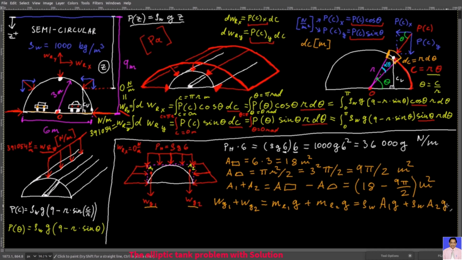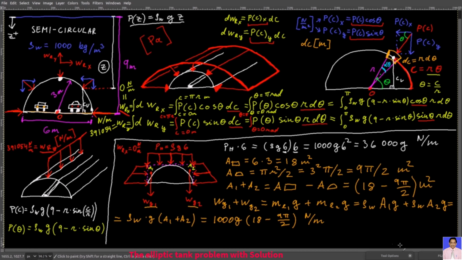You can rewrite it all like this, or also like this, and you know what your A1 plus A2 is. It's this one here, and you know the density of water, 1000 kilograms per cube meter. So it's gonna be 1000 G times all this, newtons over meter.